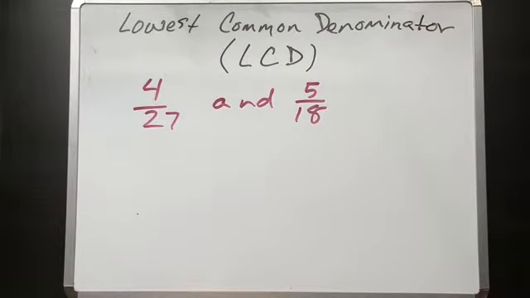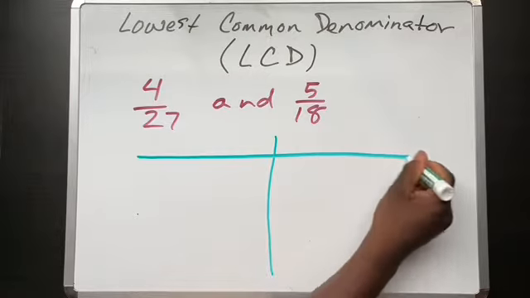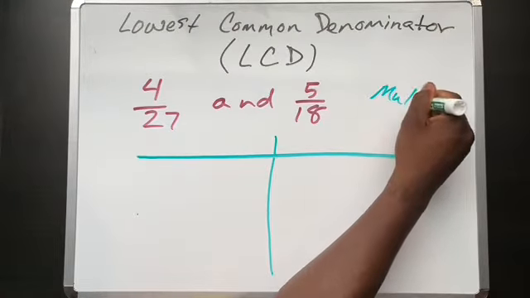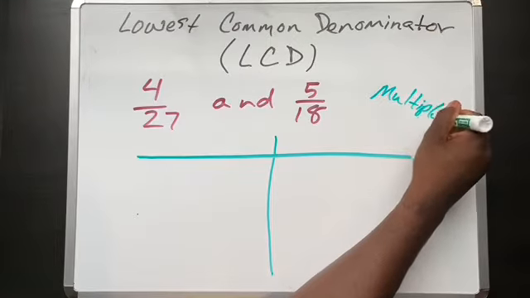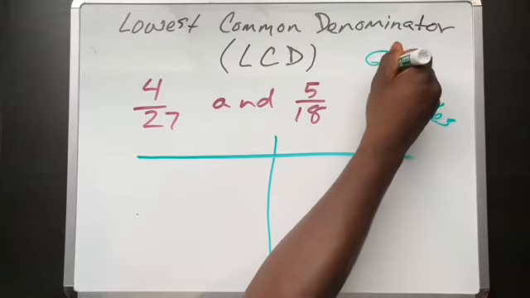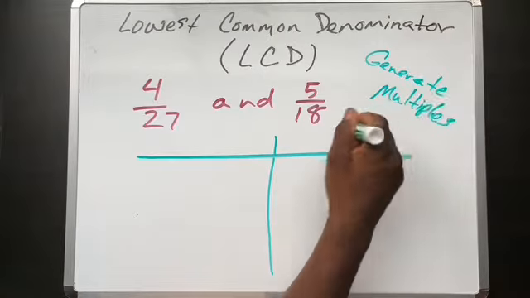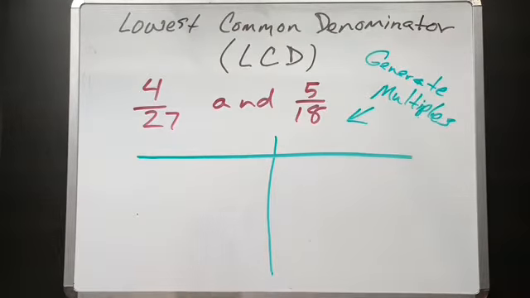And whatever that is, that will be our LCD. Okay, so let's go ahead and I'll draw a line and we'll generate our multiples. I'm going to generate multiples in this section in green.